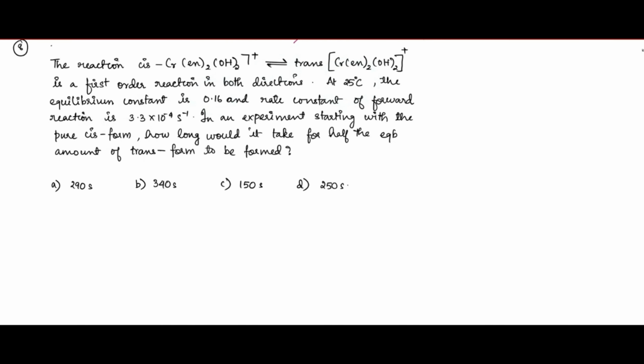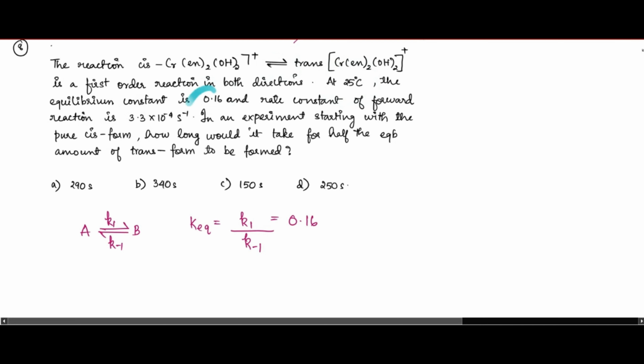Now, it's not given in the question, പക്ഷേ if you have A becoming B reversibly, you have a forward rate constant, you have a backward rate constant. And the equilibrium constant is the ratio of the forward divided by the backward. Okay, so this equilibrium constant is already given in the question as 0.16, and the rate constant of forward reaction is also given, K1, 3.3 into 10 to the power minus 4 per second.